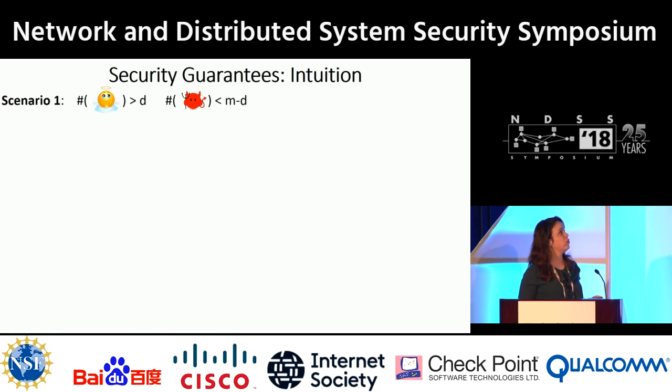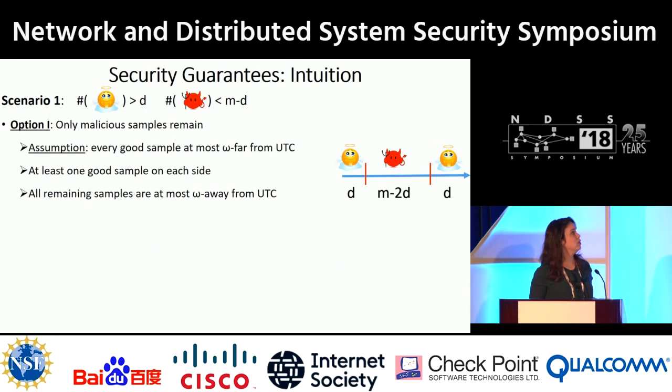So the first scenario is when we have more than D good samples, the yellow angels, and less than M minus D bad samples, the red daemons. So if we have only malicious samples in the remaining set, then since we have more than D good samples, it means that we have at least one good sample on each side, and the good samples are within omega away from the UTC. So if they are bounding the remaining set, all the samples in the remaining set are going to be within omega of the UTC.